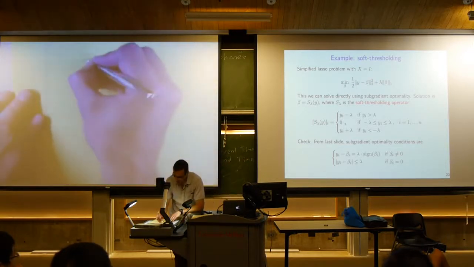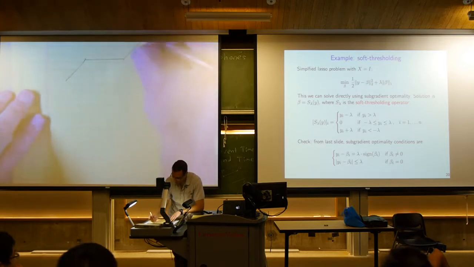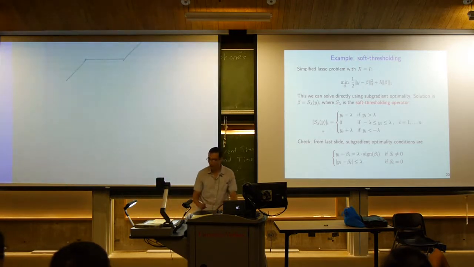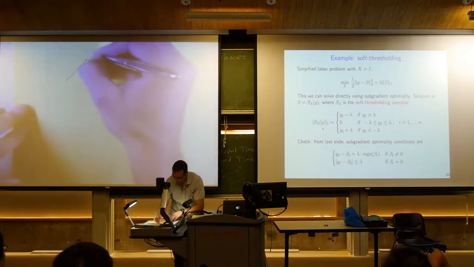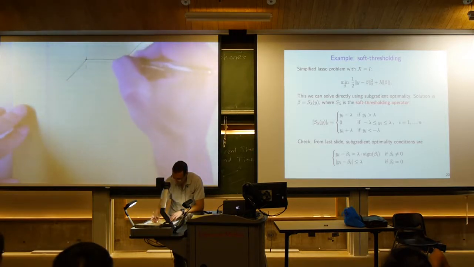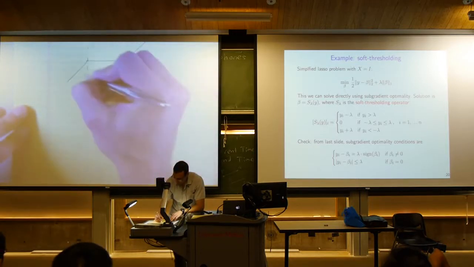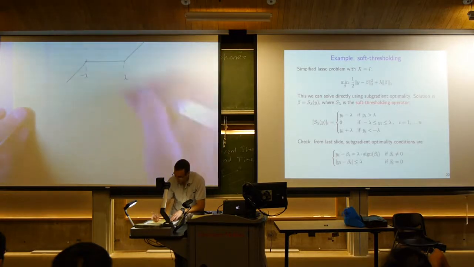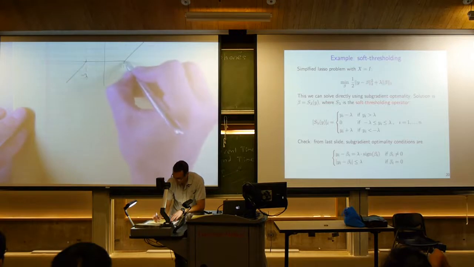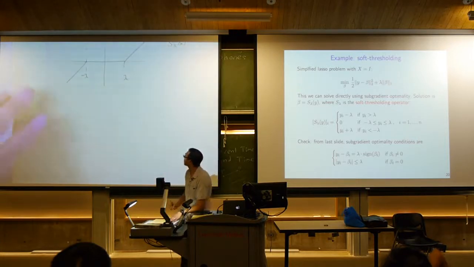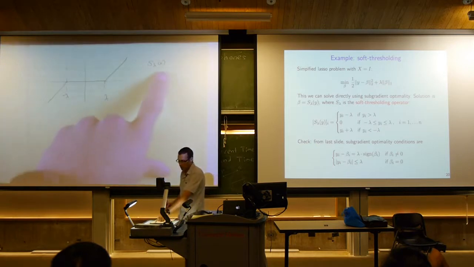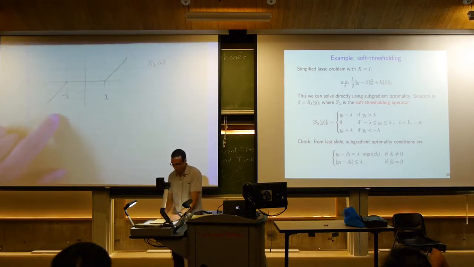This function, as a function of its argument, say y_i, looks like this. If I plot this function over just one variable x, then when x is between minus lambda and lambda, it returns 0.